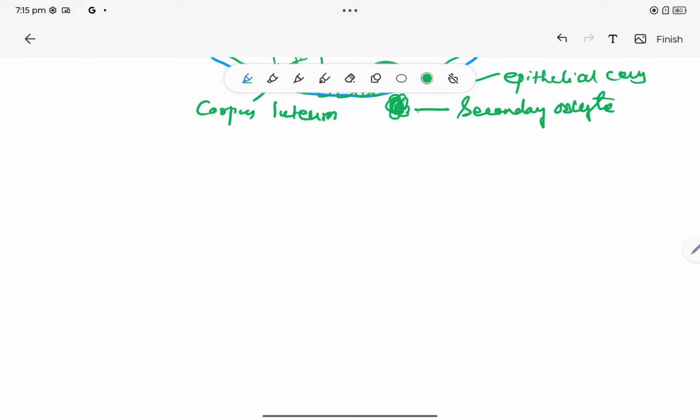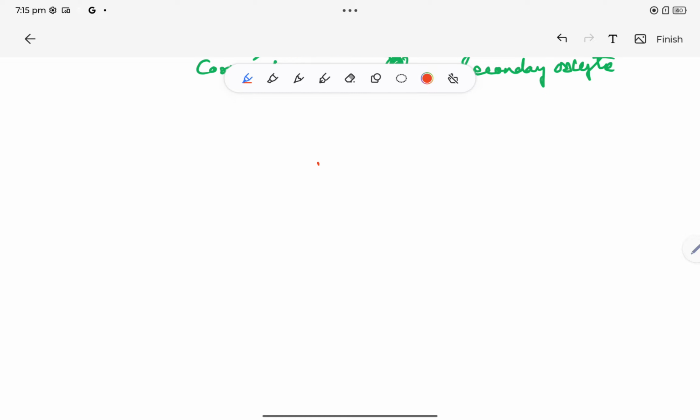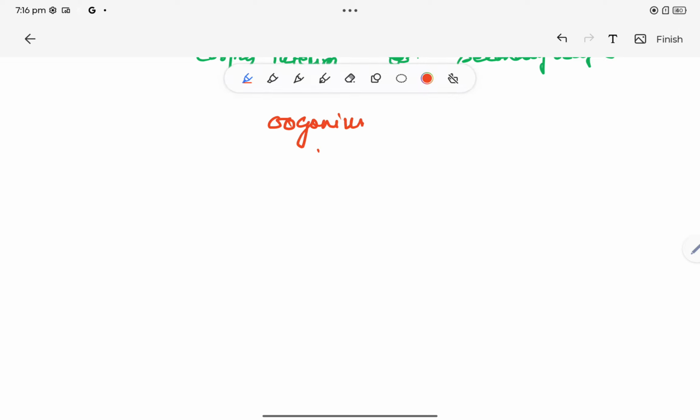Now let me explain the process of oogenesis. Oogenesis starts with oogonium, but spermatogenesis starts with spermatogonium.